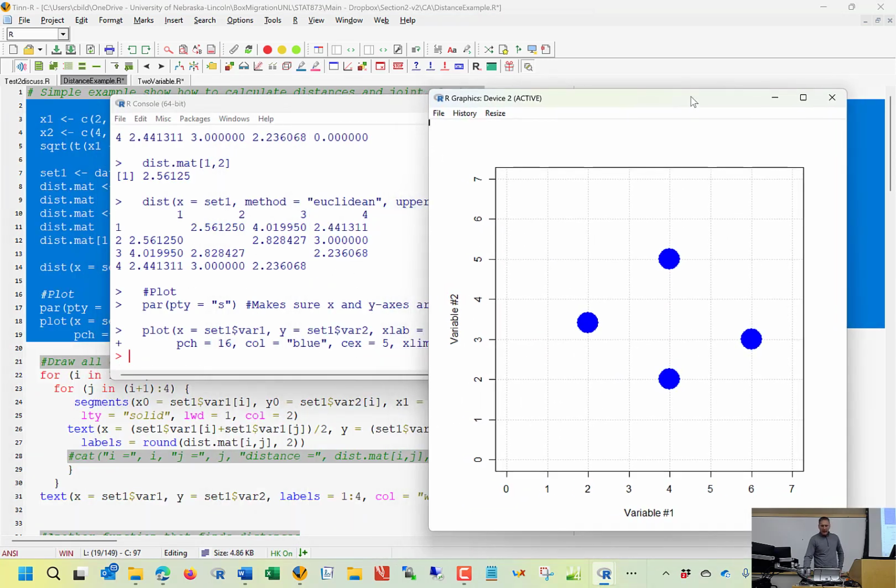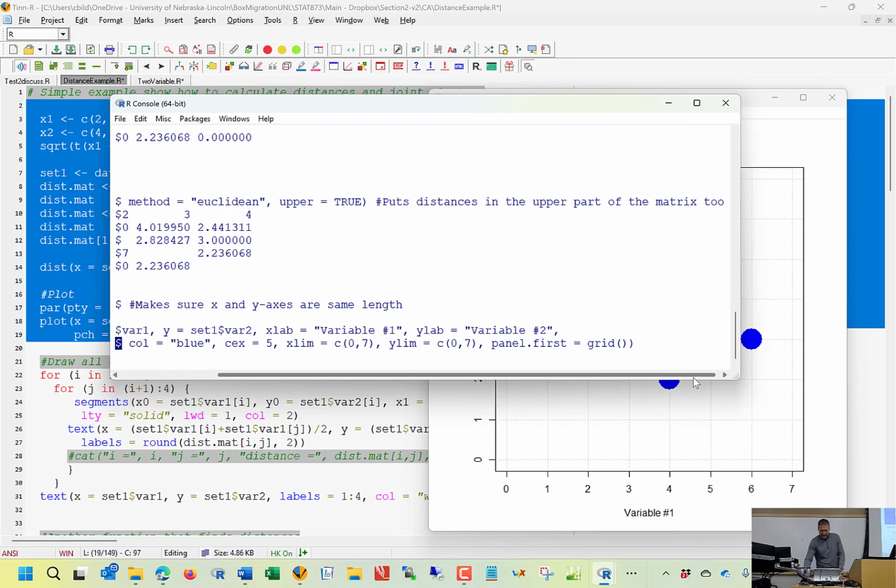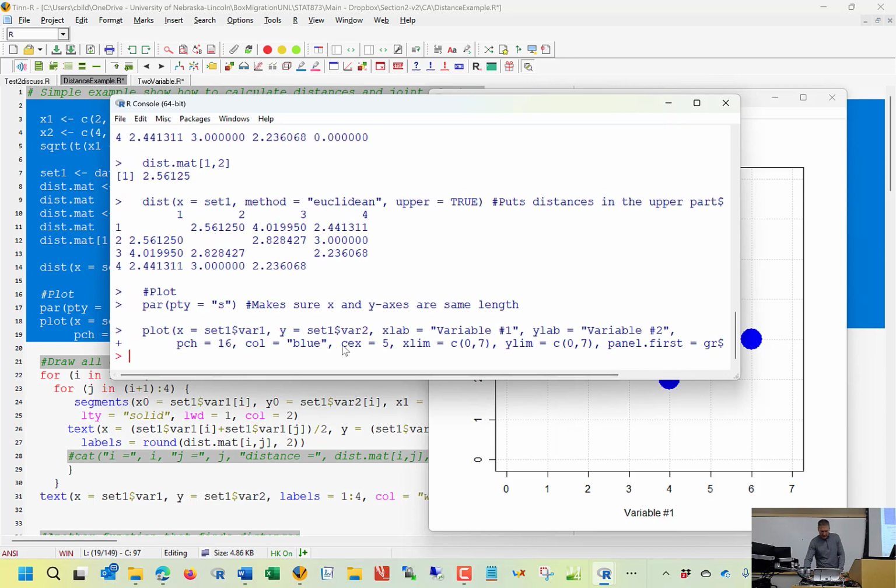So I begin by plotting the simple points. I have a big blue circle there. How do I get the blue circle? I say color equals blue, plotting character equals 16. If you go back to the intro to R notes, you'll see that what's often called a filled circle or closed circle is plotting character number 16. And then I use cex equal to 5, meaning make the plotting point 5 times larger than the default.